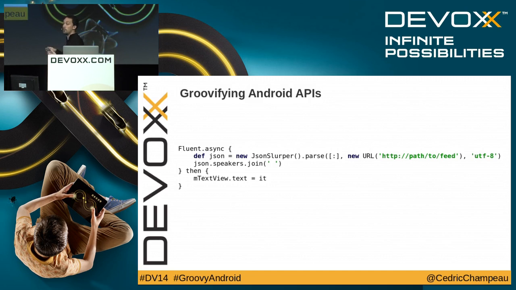I have used a fluent style, but whatever the name, it's just an example. What it says is, do this code asynchronously, sorry for the accent, and then when this is completed, update the text field. So it actually is an implicit parameter that you have in Groovy.